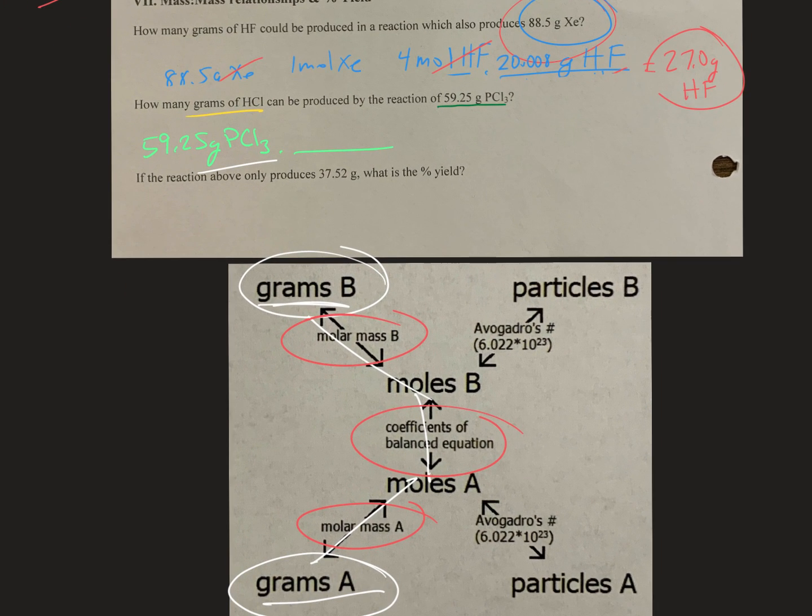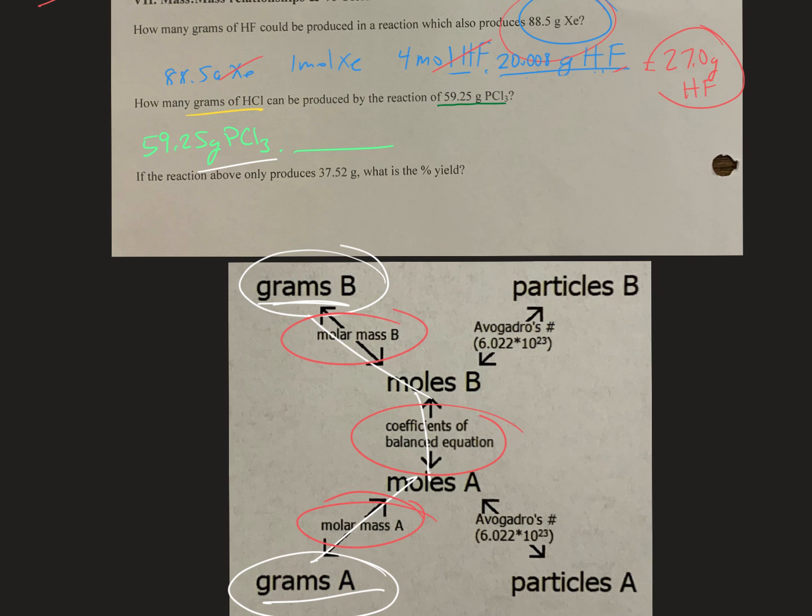And so my first step is I use the molar mass of A, my first substance, PCl3. So I find the molar mass of PCl3, which is, phosphorus is 30.97, plus chlorine is 35.45.